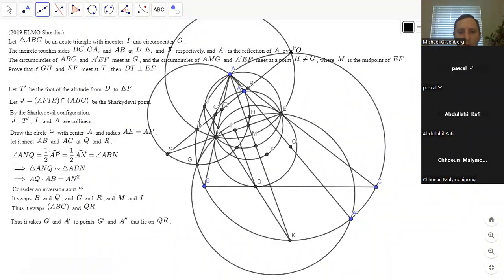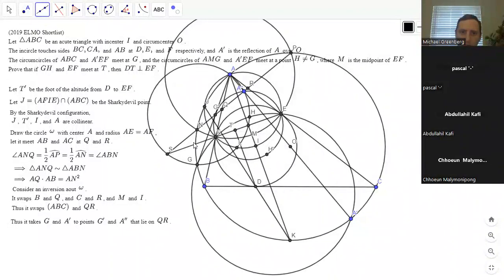Okay, so basically we need to show, oh, so yeah, we need to show that J inverts to S, where S is the intersection of EF and PN. And I think that shouldn't be too bad.